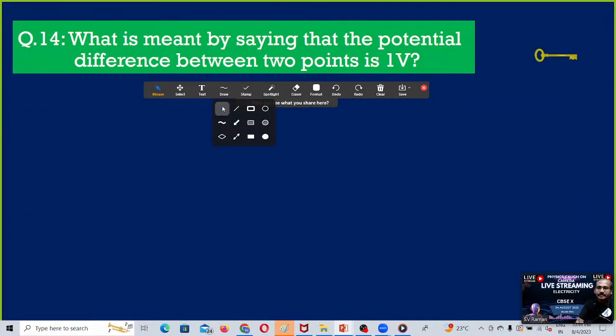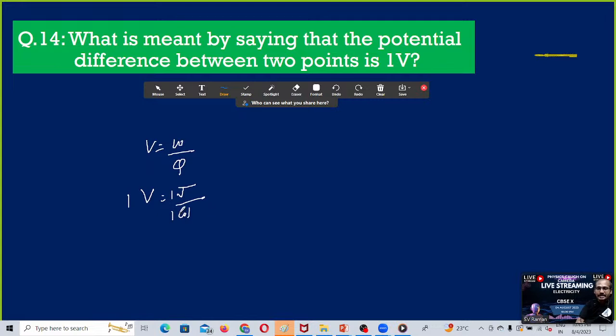As you know, electric potential is defined as work done per charge. Electric potential units are volts. Work done units, joules. Charge units, coulombs. Define 1 volt: 1 joule by 1 coulomb.